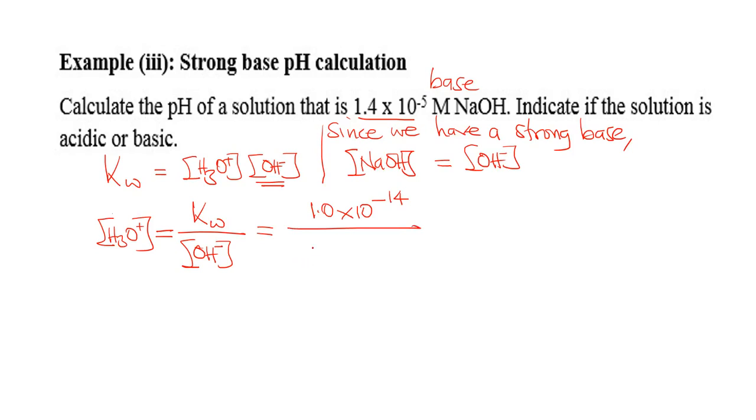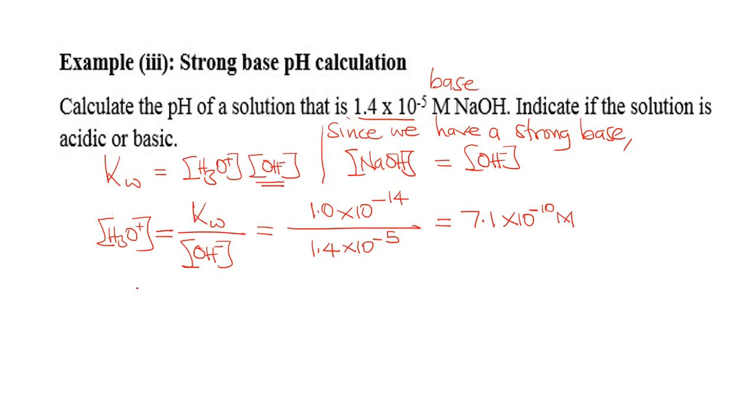And the concentration of the base is given 1.4 times 10 to the power negative 5. And when we do our calculation, we find that the concentration of the acid is 7.1 times 10 to the power negative 10 molar.